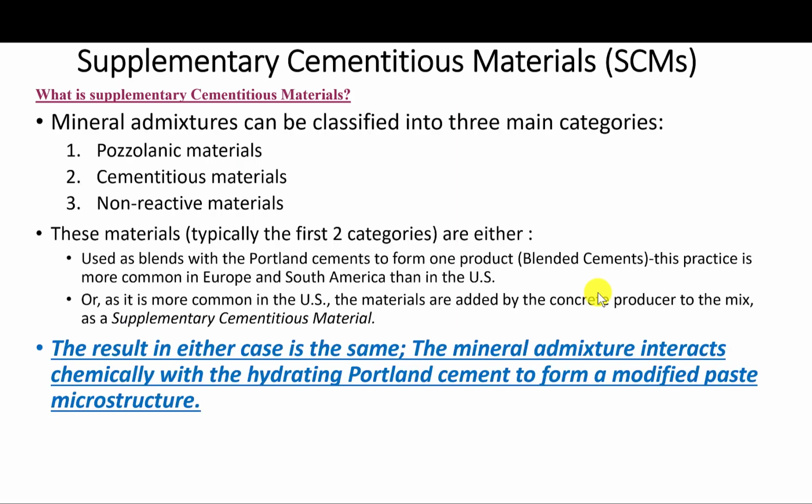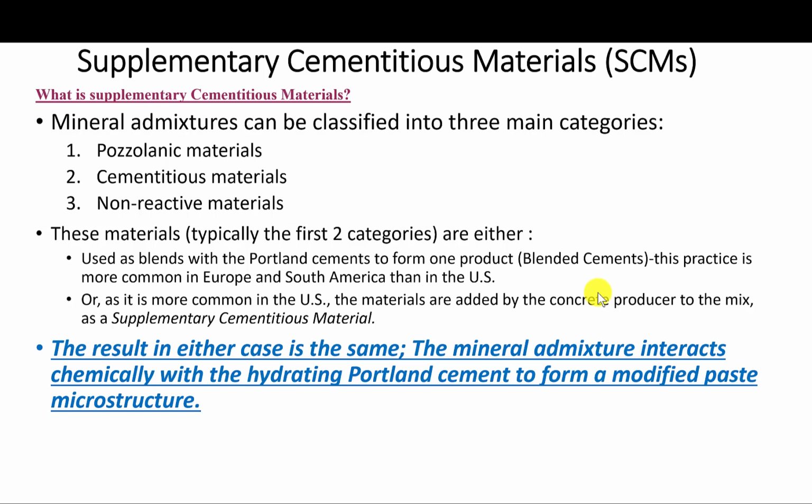Okay, mineral admixtures can be divided into three main categories: the pozzolanic materials, the cementitious materials, and non-reactive materials. Later we will define what a pozzolanic material or a pozzolanic reaction is, so that you understand the term. In Europe, commercial cements are always blends of Portland cement and mineral admixtures.